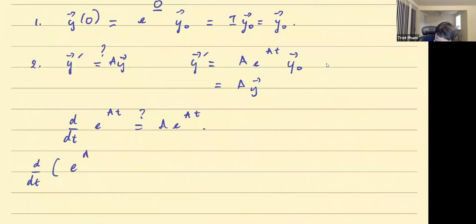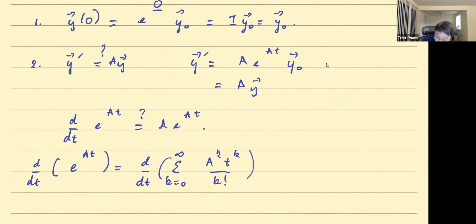That is, differentiate the sum of A to the k, t to the k over k factorial. Now, the detail we fudge here is that we transfer the differentiation inside the sum. This is exchanging differentiation and sum, which in calculus you do all the time.